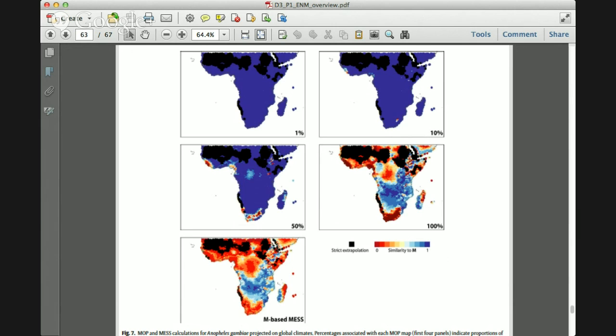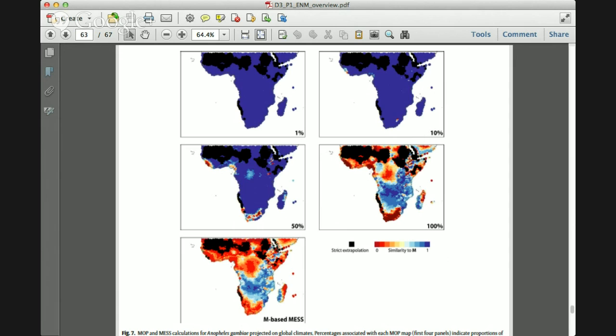Those are the really dangerous conditions, because that's where you're going to get extrapolation. And so those areas, look at this 1% plot in the upper left, those regions are shown as black. And we would say that you simply should not interpret any prediction within that area.